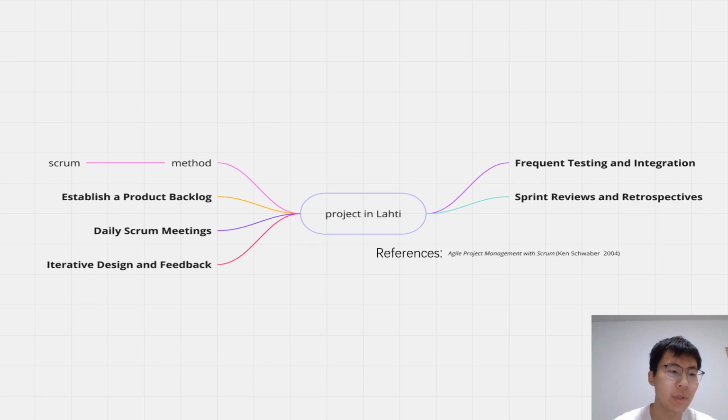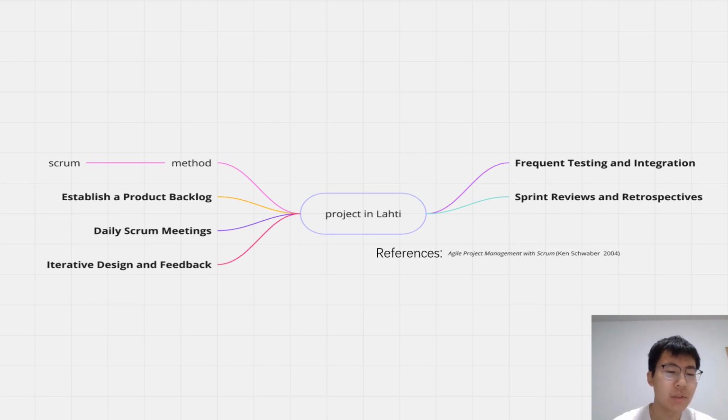And I think we should have daily Scrum meetings: hold daily stand-up meetings for the team to communicate progress, challenges, and dependencies. Because these meetings foster communication, which is crucial for coordinated efforts, especially when integrating various app features.